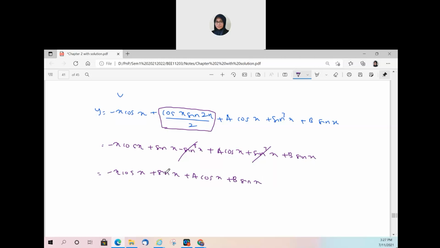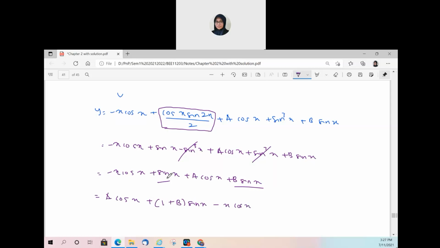So here we have cos x, sin x, sin x. This one we can group together. Now we have a cos x, plus sin x is 1 plus b sin x, minus x cos x.